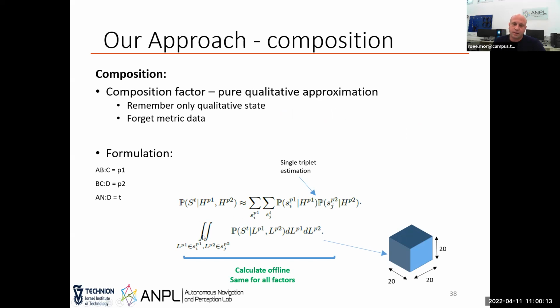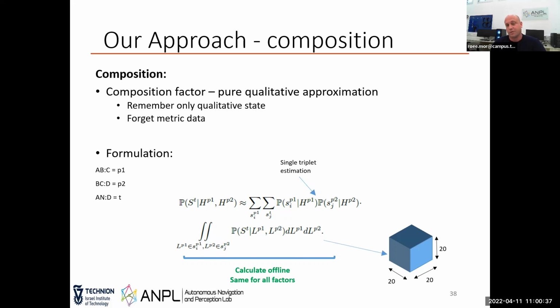It is entirely independent of the history. This is because we made this approximation. It means you can calculate this part offline, and then you can just integrate it over all the combinations of qualitative states of triplets 1 and 2.